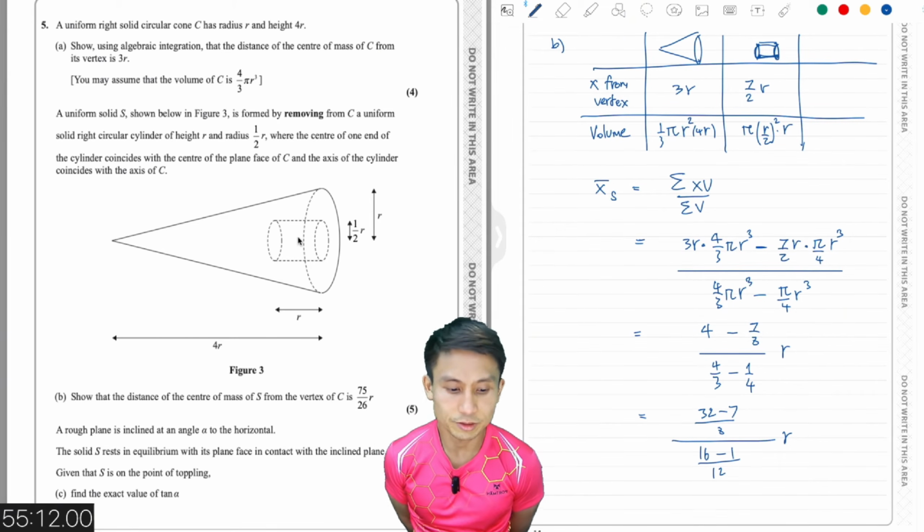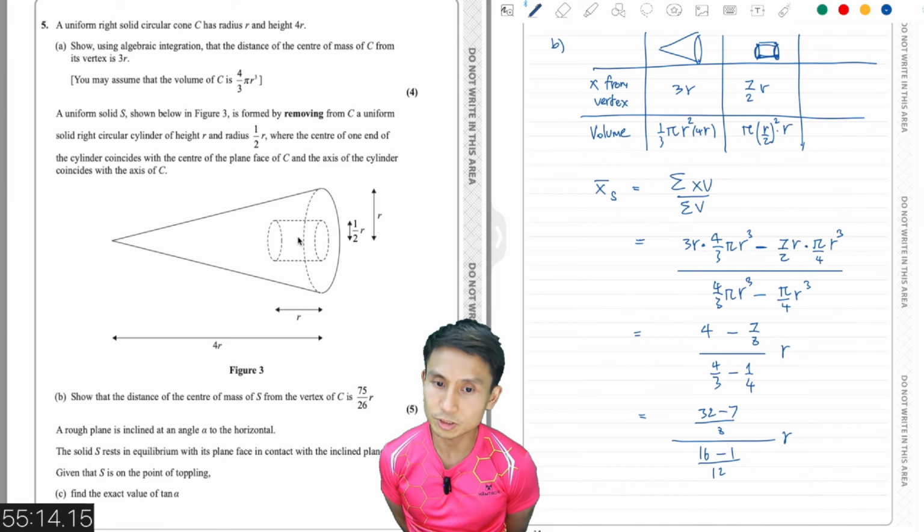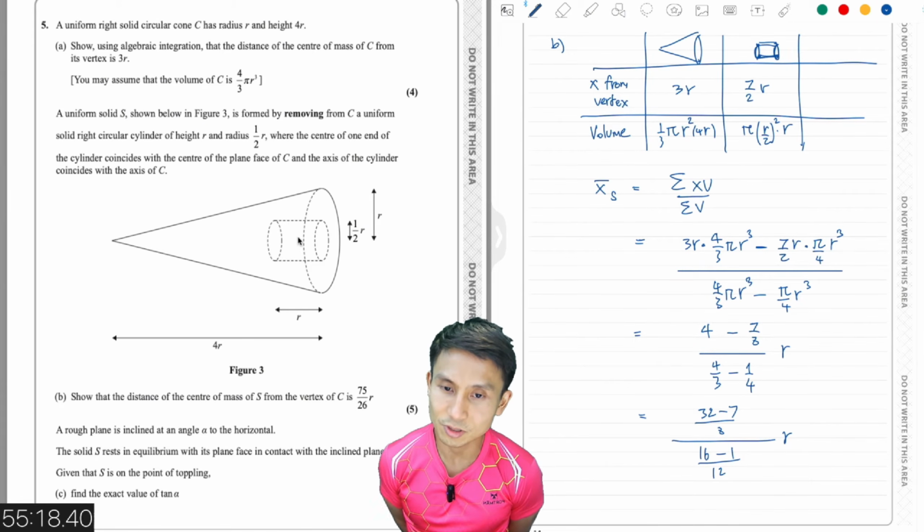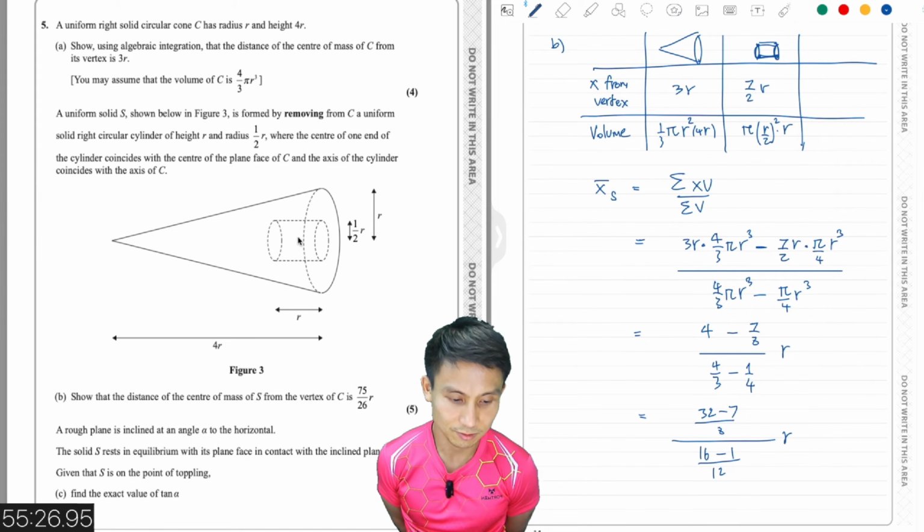We are removing, so yeah, that should be right. Hang on, let me do some sanity check here first. That is less than 3r. Yeah, it should be a little less than 3r. The radius of the cylinder is half r, so that's right. That's pi over 4. Yeah.